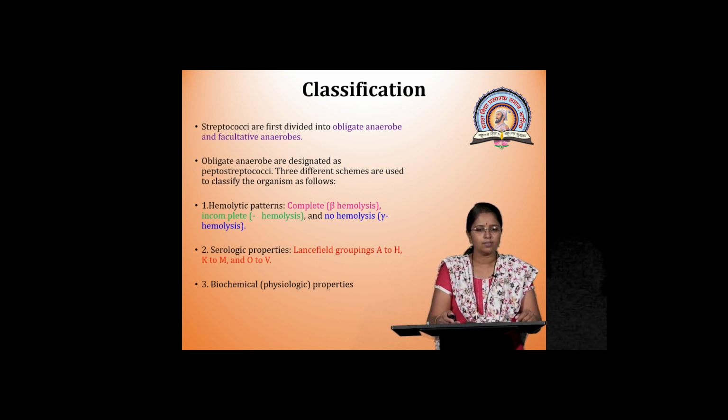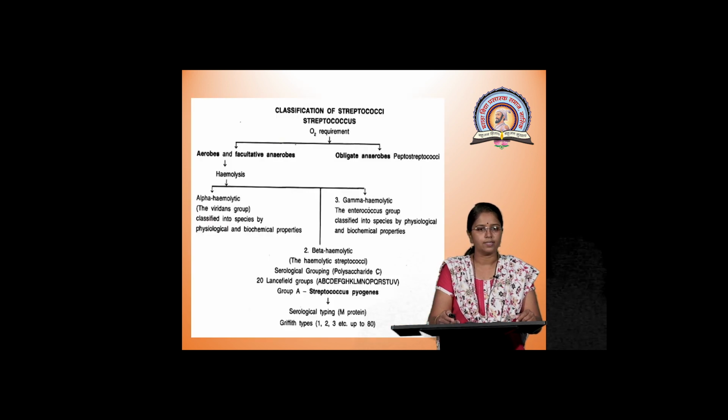Serological properties of this bacteria were studied and they are classified by Lancefield. The Lancefield grouping is A to H, K to M and O to V except I and J. The classification is also done based on biochemical properties.